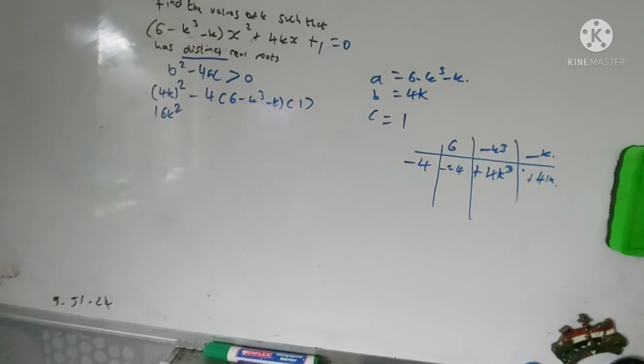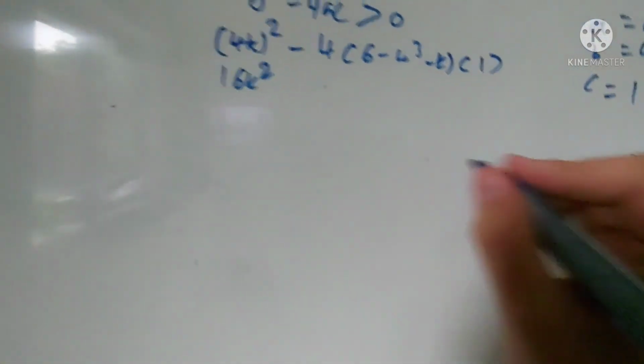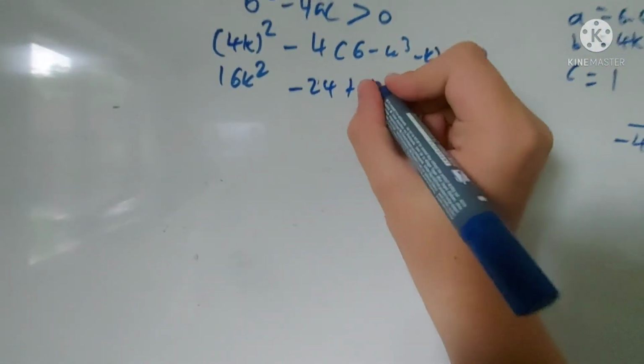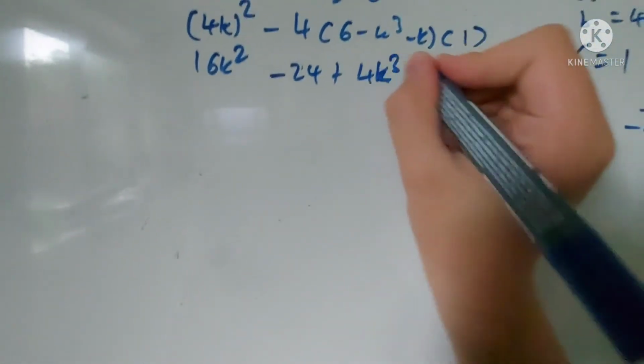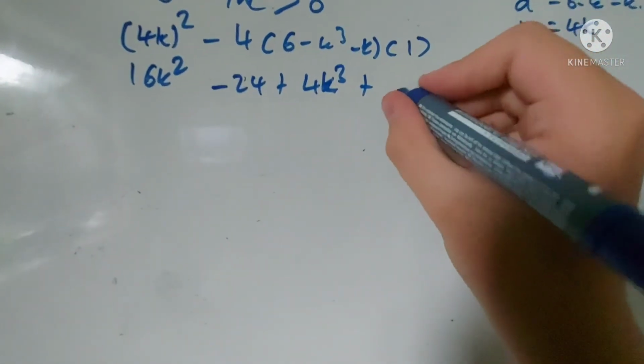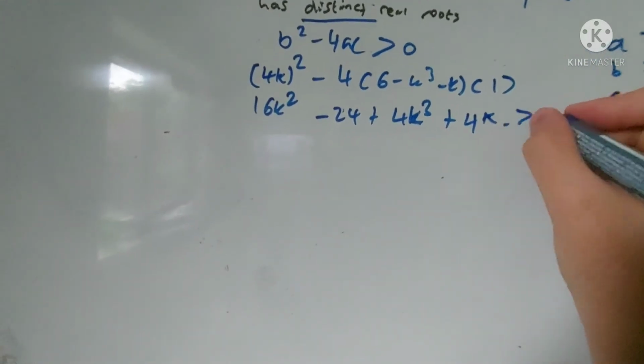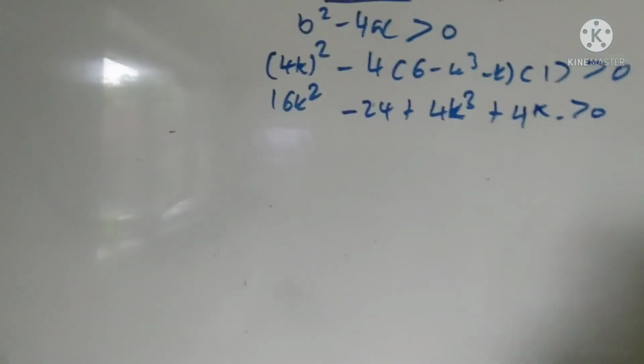So this is minus 24 plus 4k cubed plus 4k, and that is still greater than 0.